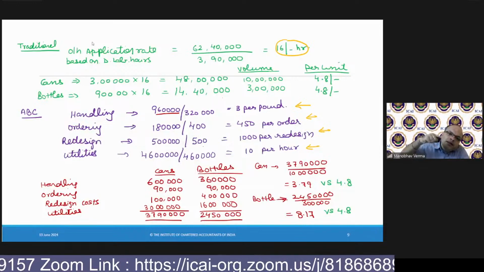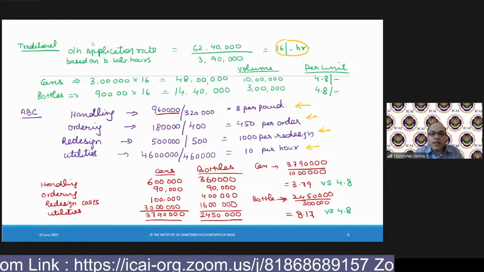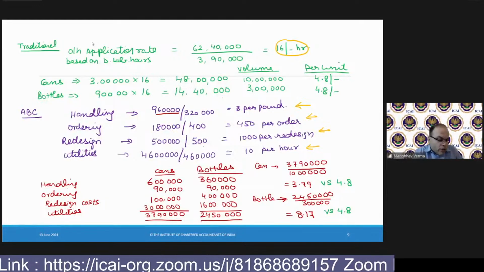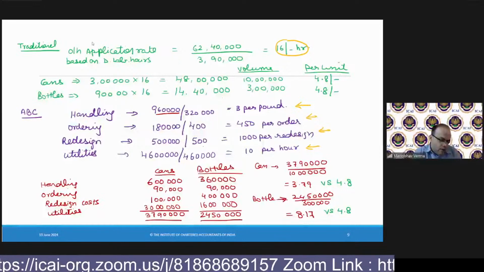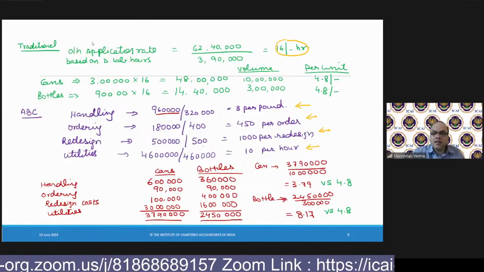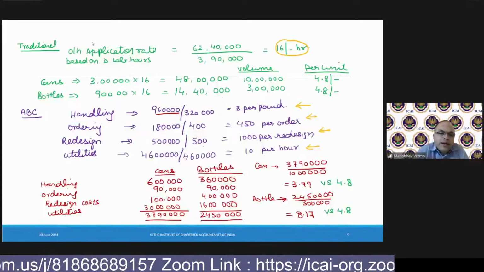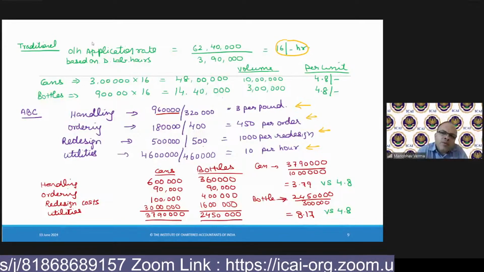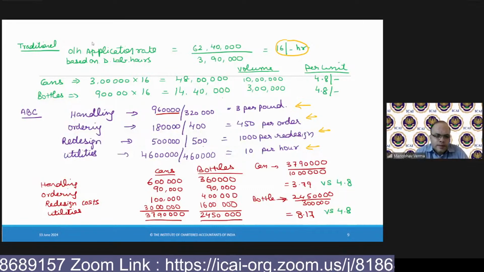So I think, Hemant, just think it over again, please. And my question is, what is the consequence of pricing under the traditional absorption costing? So if my cans were having a higher amount to be allocated, 4.8, don't you think cans would have been overpriced? Just thinking logically here.